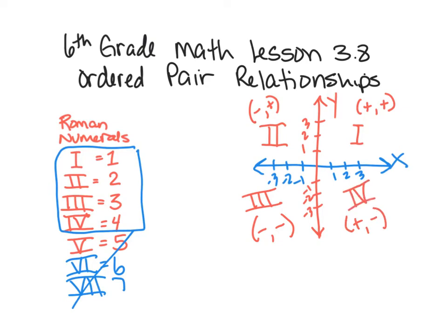I used to have my students in class do this dance. I would have them stand up and imagine the coordinate plane in front of them. 1 would be reach their arm up to the top right. 2 would be reach their arm up to the top left. 3 would be reach your arm down to the bottom left, and 4 would be reach your arm down to the bottom right.